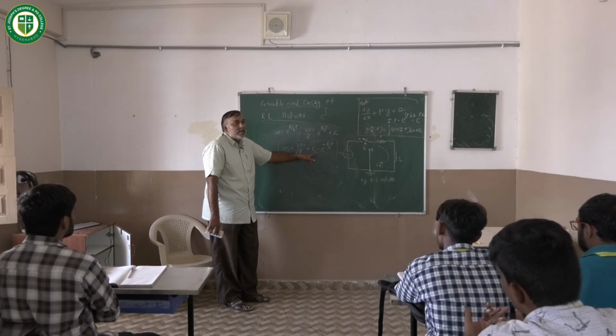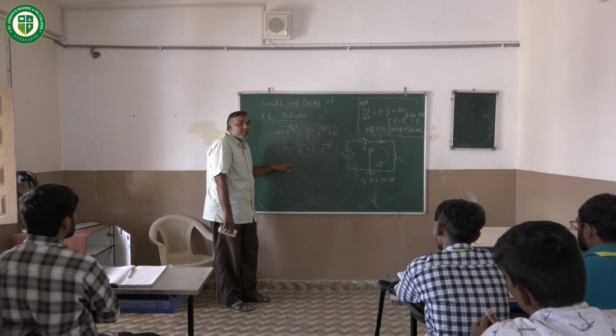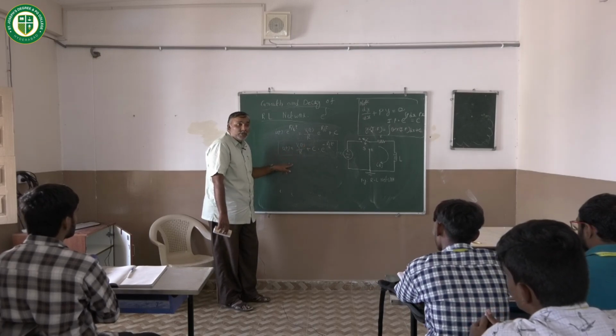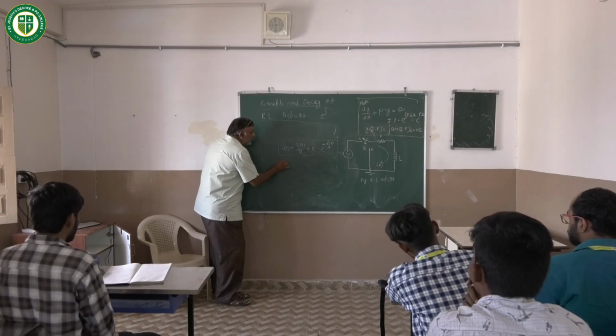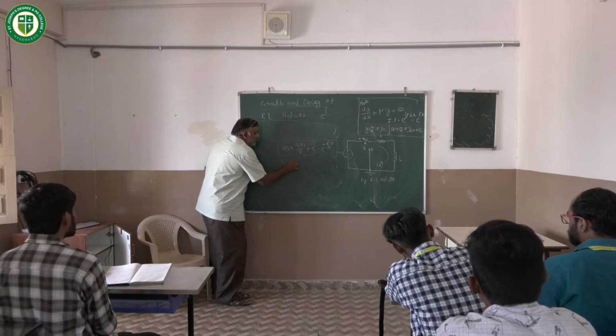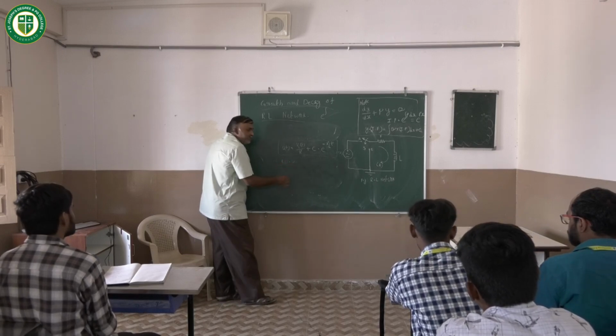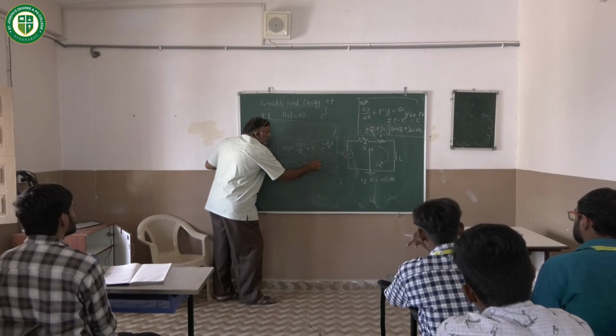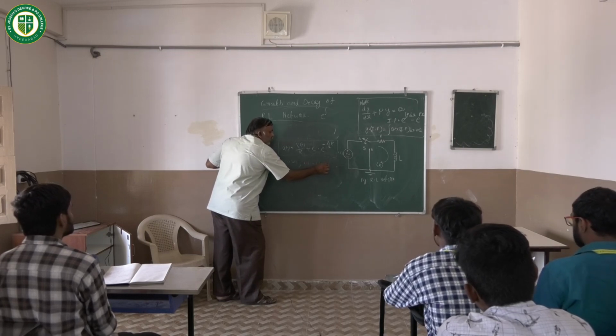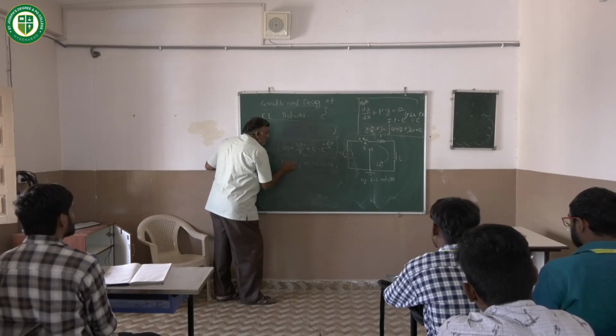What is the boundary condition? We take the values of t from 0 to infinity. We substitute that boundary at t equal to 0. So, at t equal to 0 seconds, i of t equals i of 0 equals 0 amperes.